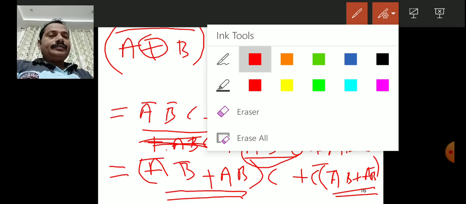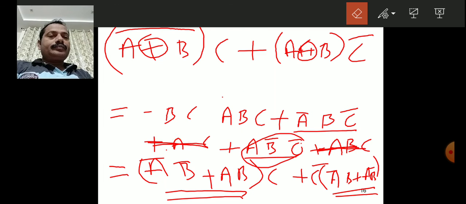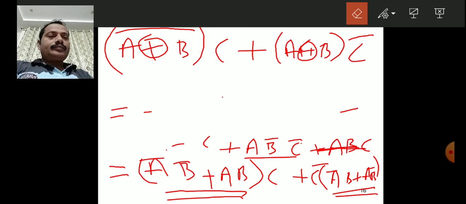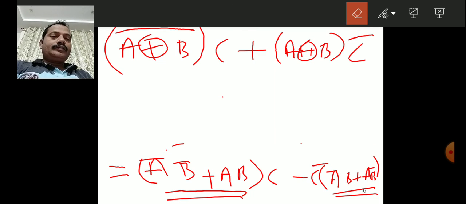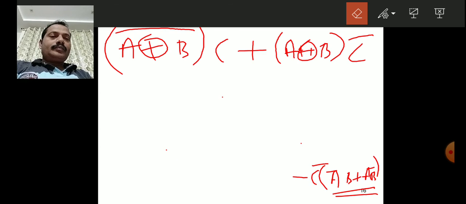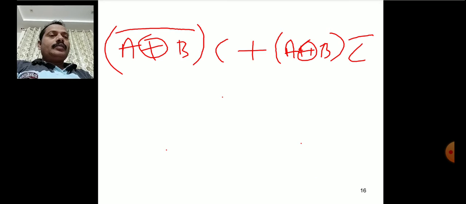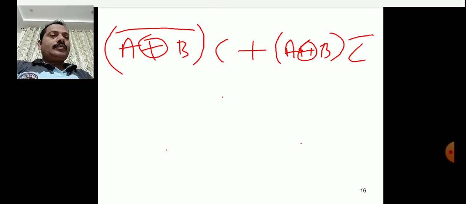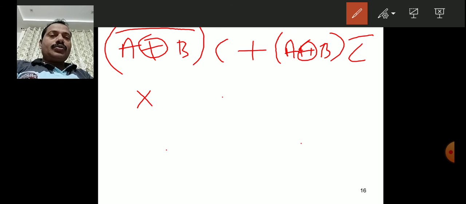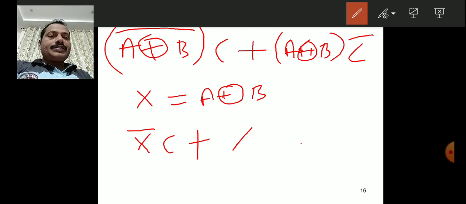Observe here, let us consider x equals A exclusive-OR B. So substitute here: this is x bar C plus x C bar.